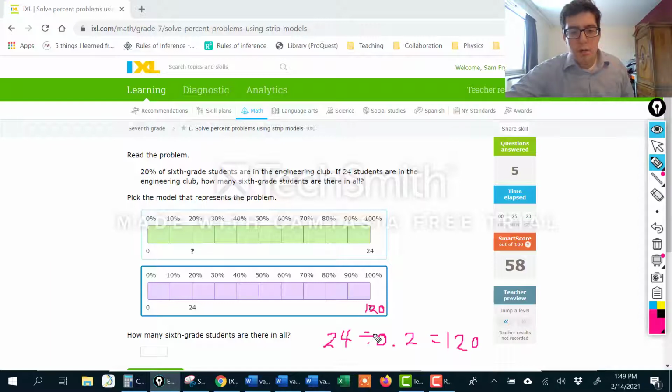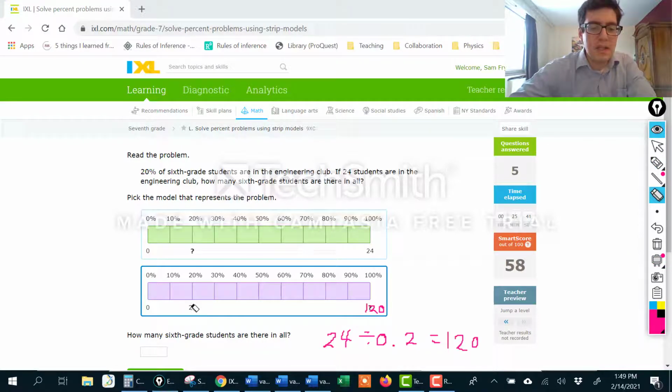Another way of figuring that out using the model over here would be this. I guess this is a little bit different just because we didn't have a problem where we had to figure out what we're counting by based on the part. We always did it by the whole. So based on the part which was given to us, from 0 to 24, there are 2 boxes between them.